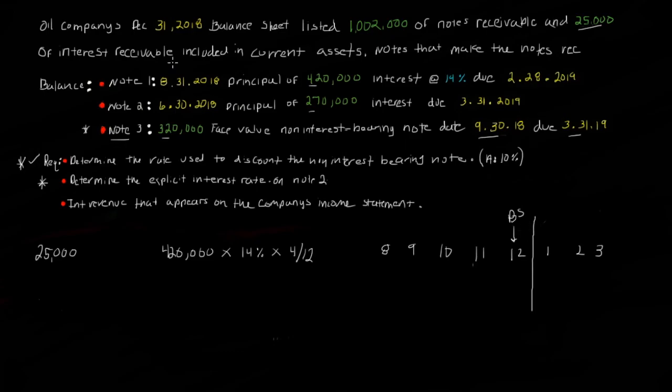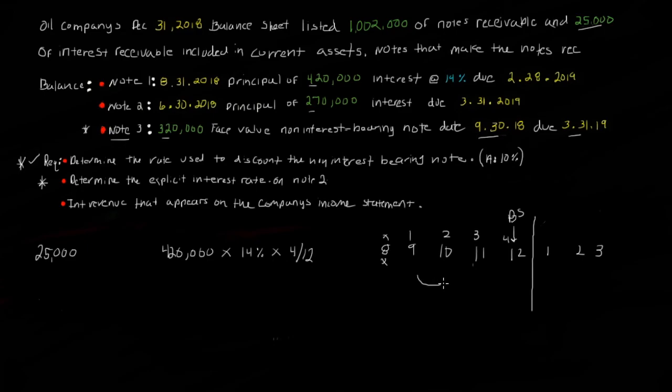Because it says August 31st, we cannot count the month of August because it was made at the end of the month. So we can include September, October, November, and December.